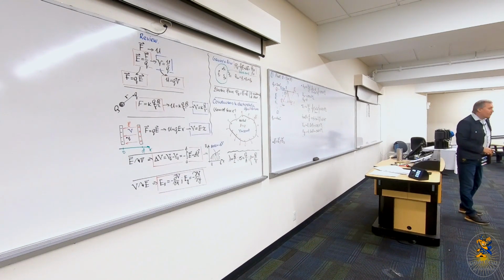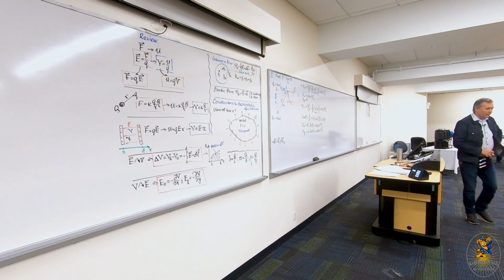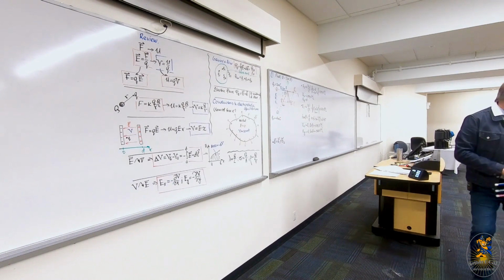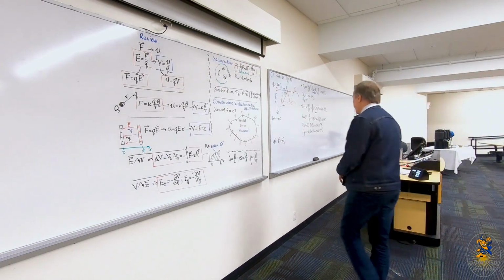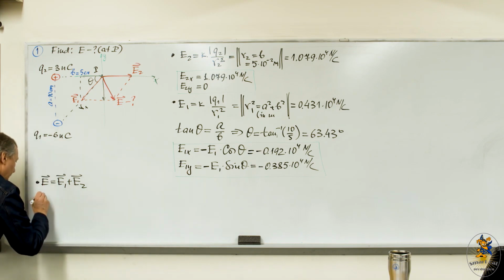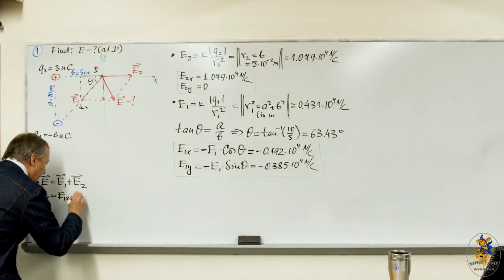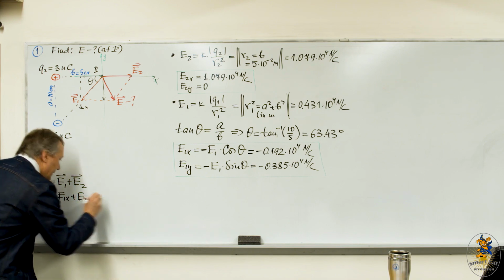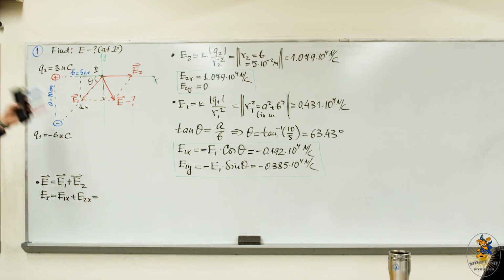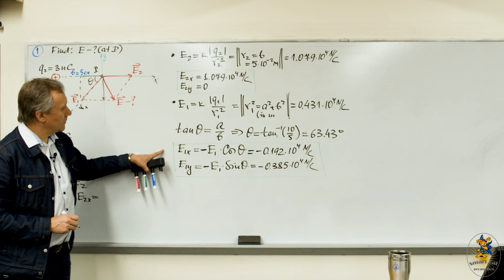At the end, I think we will also find the magnitude. Right now, I'm just writing in general in vector form. But in order to calculate, of course, you need to go into the components. So E sub x will be E1x plus E2x.